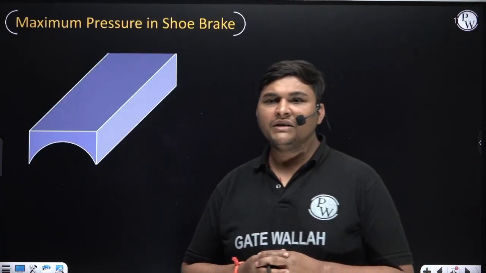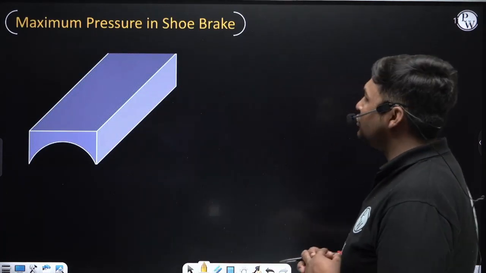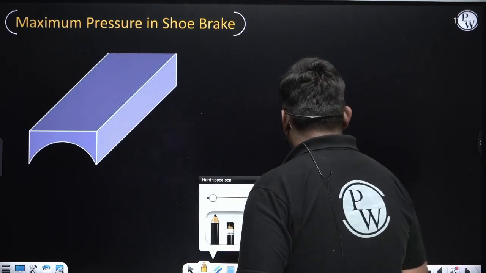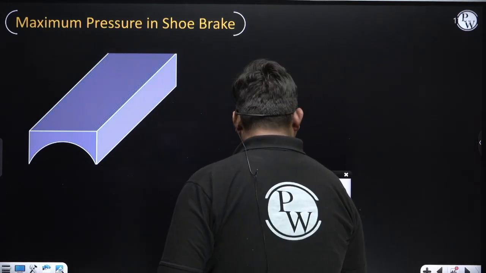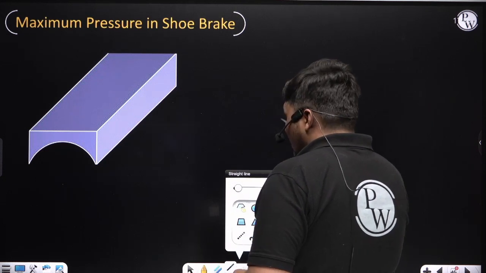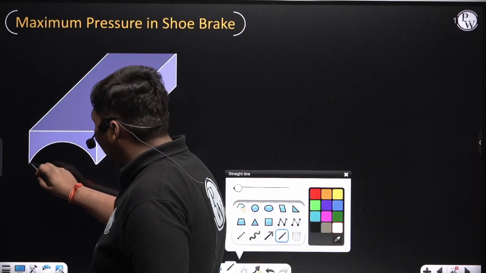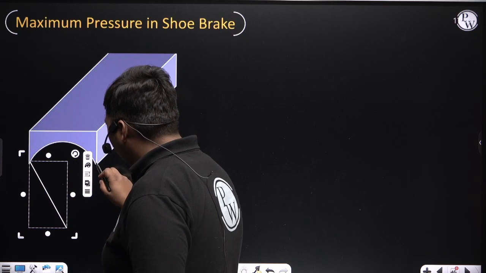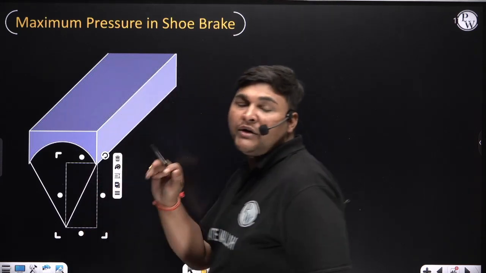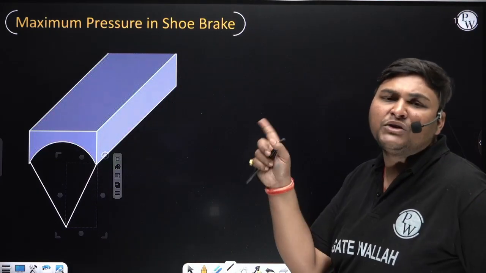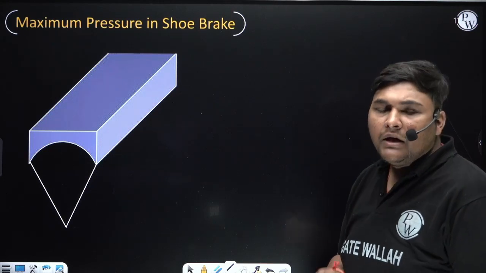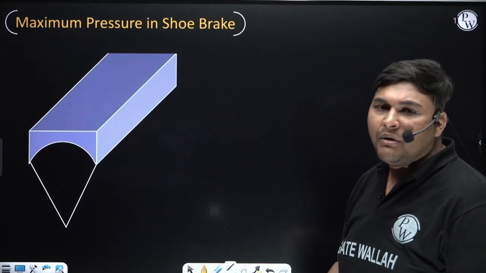Now we will discuss what the maximum pressure in a shoe brake is. We already discussed that in a shoe brake, pressure is induced between the shoe and drum, and it will be maximum at the midpoint of the contact region, that is point A, which we are denoting in the FBD. Now what will be the expression of maximum pressure?